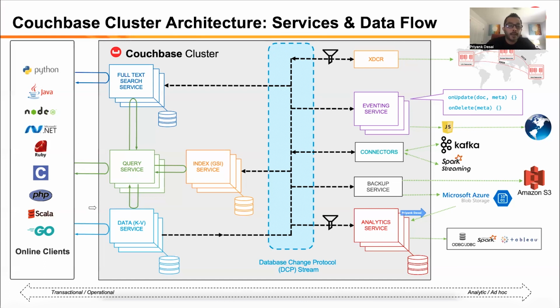In other words, the moment the first connection is established from the client, it determines how many nodes are available in the Couchbase cluster, which nodes are running the data service, and which nodes are running the query service. Accordingly, when the request comes along from the application, the client is smart enough to send the request to the appropriate node running the appropriate service, which makes the lookup significantly faster within Couchbase.